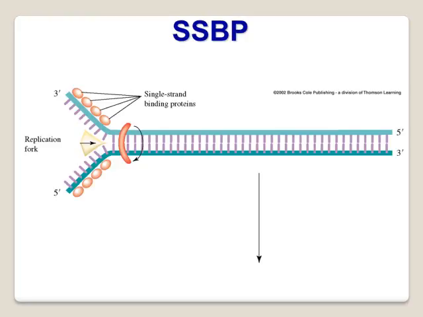And so the single-stranded DNA binding protein serves the purpose of keeping it single-stranded. The second purpose it serves is that it keeps those two single-stranded DNAs from being cleaved or digested by nuclease enzymes.